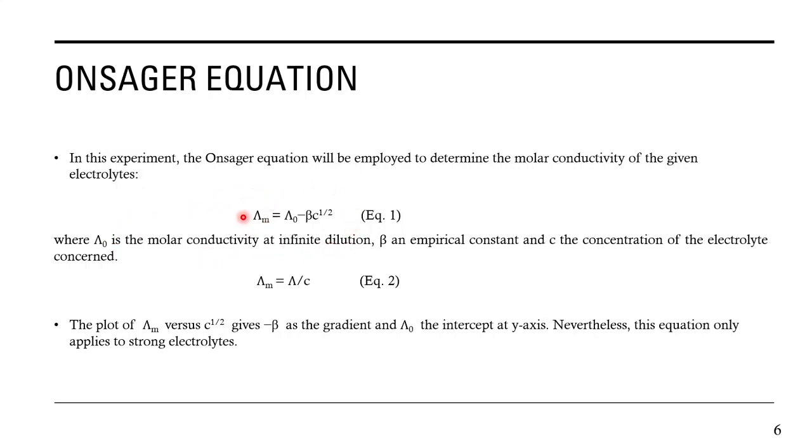You measure the conductivity, from there you find the molar conductivity, and from the plot that you construct, we can get this lambda naught. C is the concentration of the electrolyte.